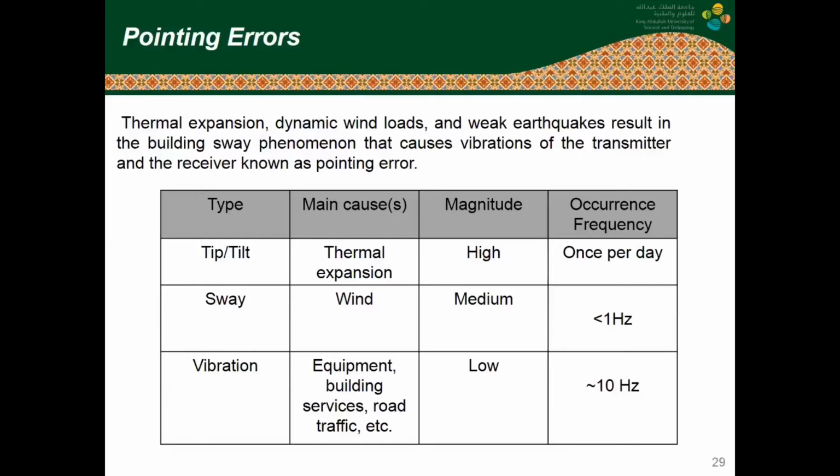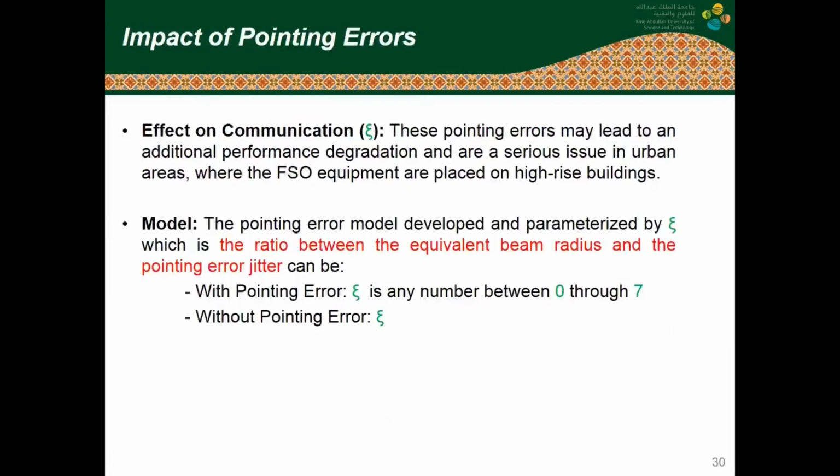These vibrations can lead to misalignment between transmitter and receiver, and this misalignment can imply a reduction in the signal to noise ratio, and of course, a degradation in your probability of error.